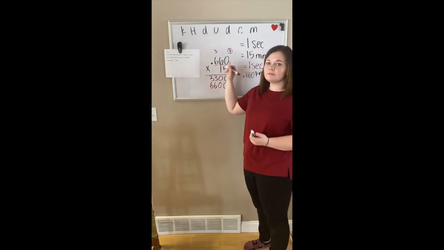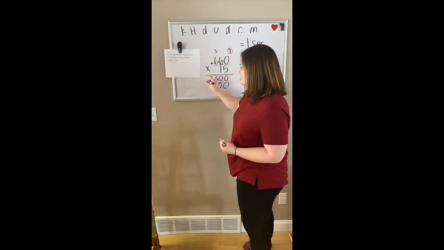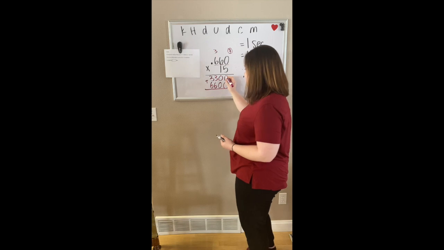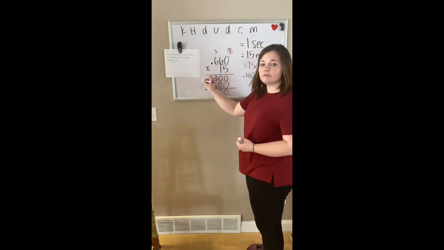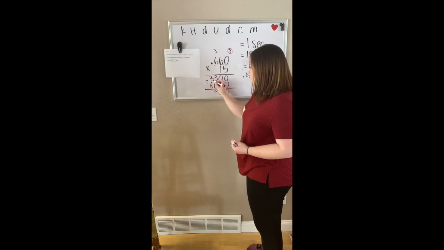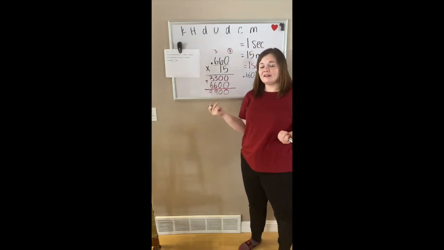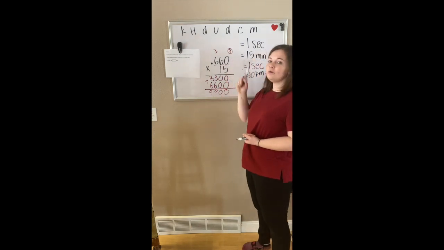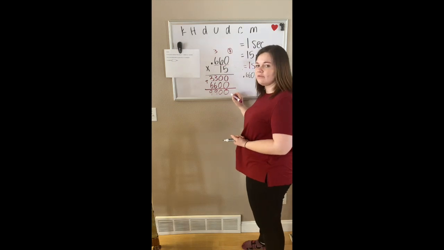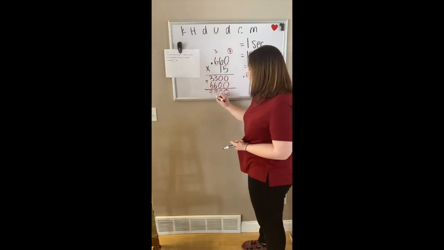I don't have any more numbers to multiply, so I have to add up my partial products. 0 plus 0 is 0. 0 plus 0 is 0. 3 plus 6 is 9. 3 plus 6 is 9. Now, is this my final answer? Nope, I forgot my decimal. So I have to put 3 whoop-de-whoops back in. Starting from the far right, I go whoop, whoop, whoop.